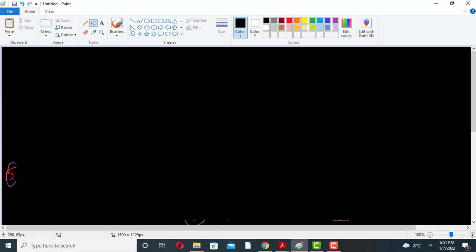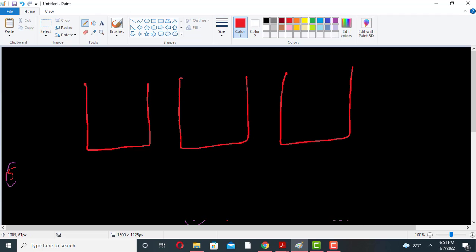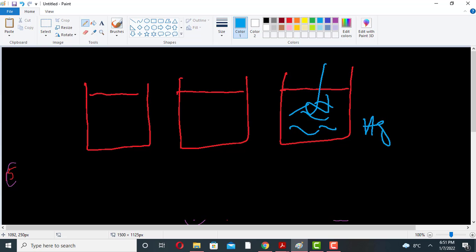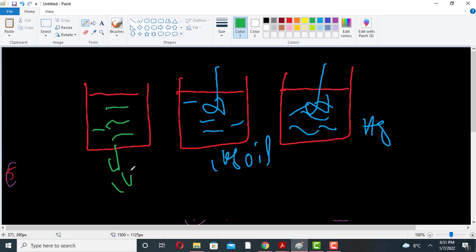Suppose this was one beaker, this was another beaker, this was the third beaker, and the volumes of the beakers were equal. Suppose this was 1 kilogram mercury, this was 1 kilogram oil, and this was 1 kilogram of water, H2O, liquid water.